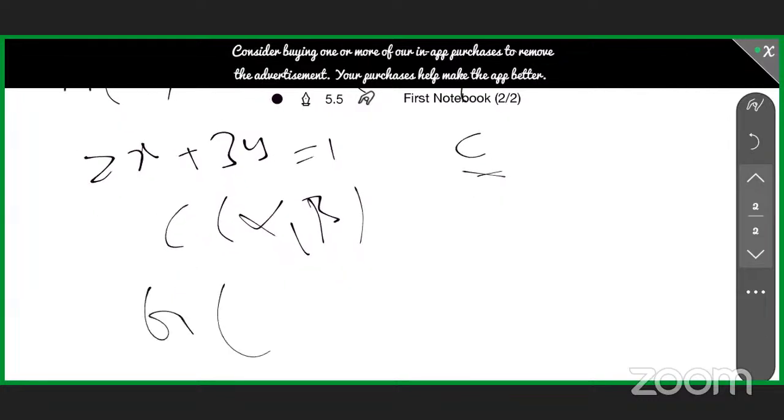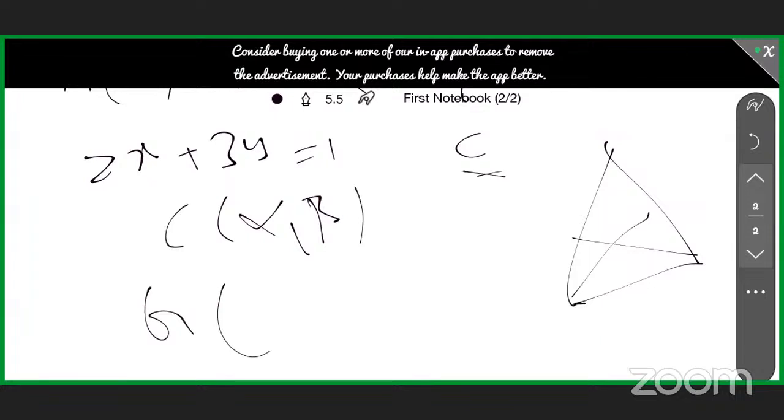Centroid is (x1 + x2 + x3)/3, (y1 + y2 + y3)/3. How much will that be? Yeah, you can do it that way also. We'll do what we did yesterday, previous time. Whether you do it from 2 points or from 3 points, it should be the same.